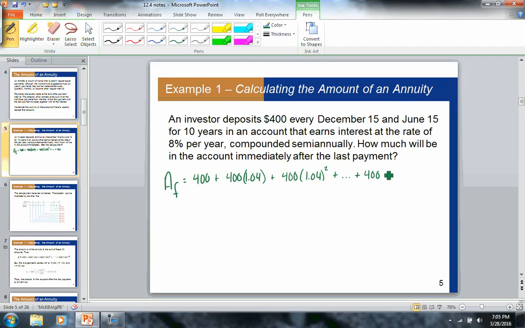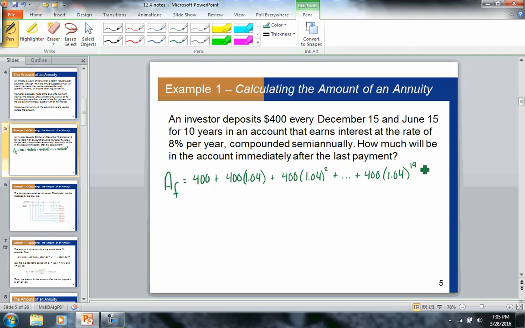So that's going to be 400 times that interest rate. Again, we're doing the 4% because it's 8% for the whole year and he's doing it twice per year. That very last payment, remember this is normally n minus 1, and the number of payments he has is 20. So 20 minus 1 is going to be 19.